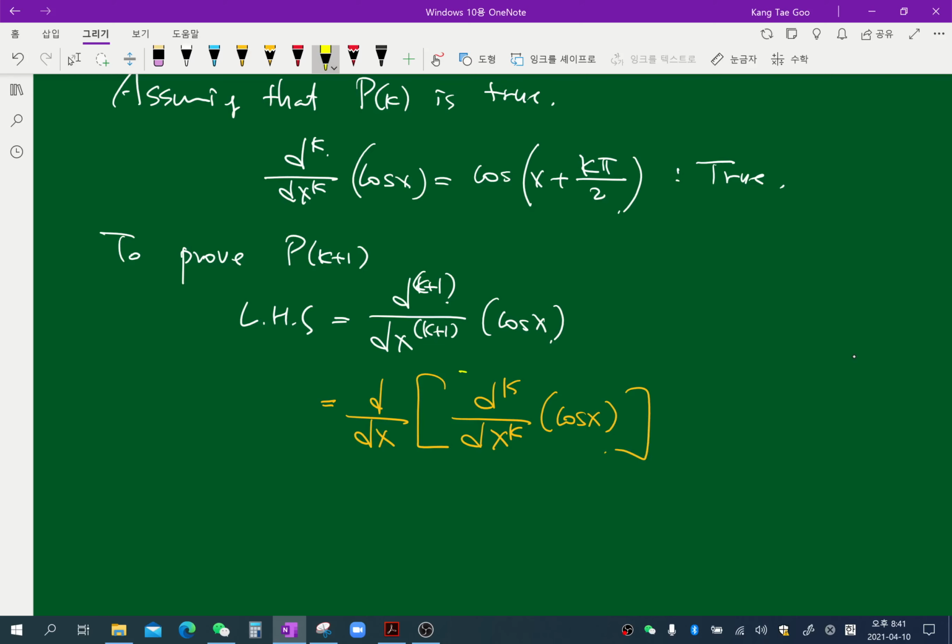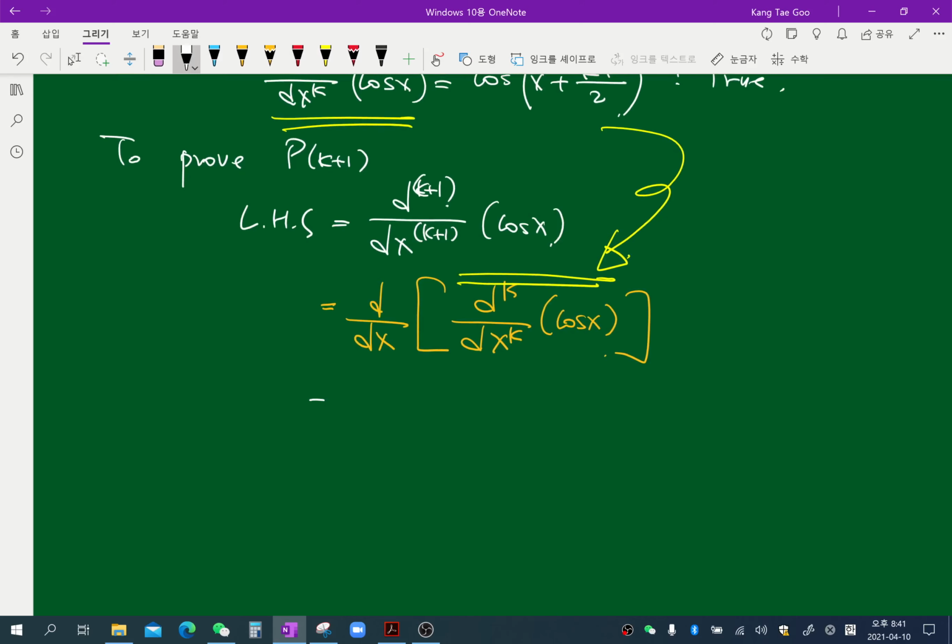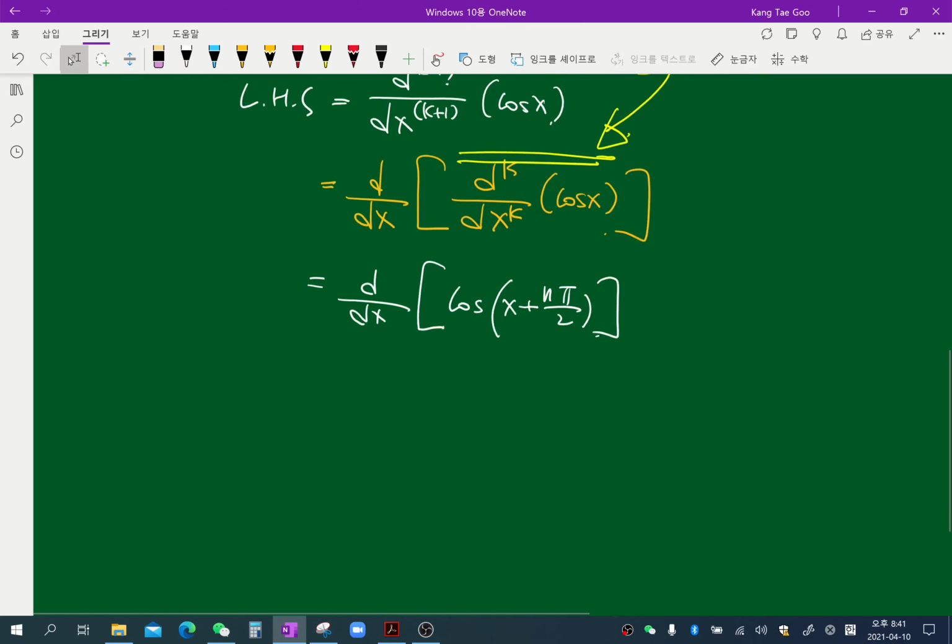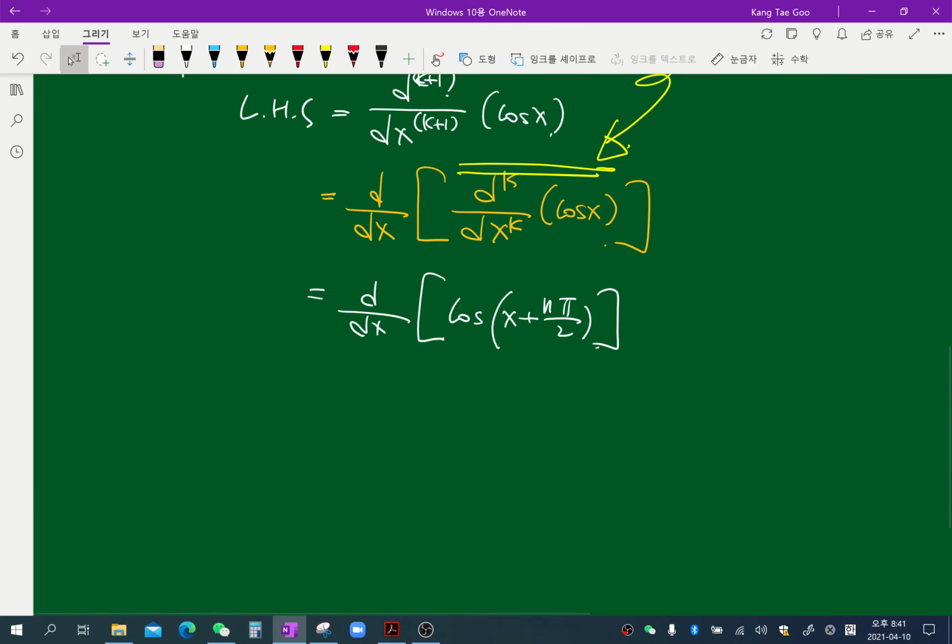And then this much is exactly the same as this thing, so we can bring this in. Then the derivative of cosine of x plus k pi over 2, and then the derivative of cosine is minus sine of x plus k pi over 2. That's alright.